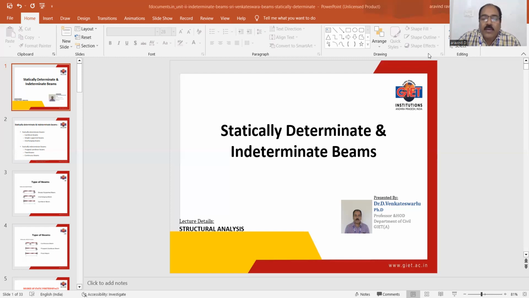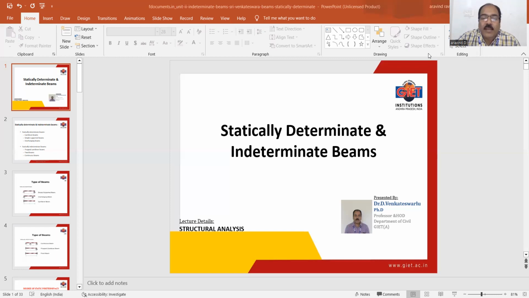And in continuation to that, we have discussed the mechanics of materials also. There we have studied principal stresses and strains, torsion of shafts, columns, analysis of columns, analysis of pin jointed frames, etc. They all come under statically determinate beams.